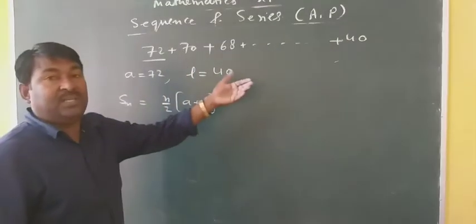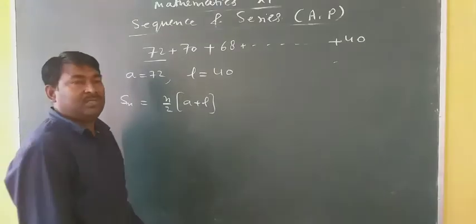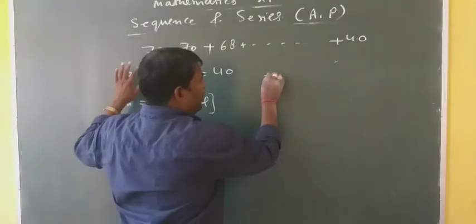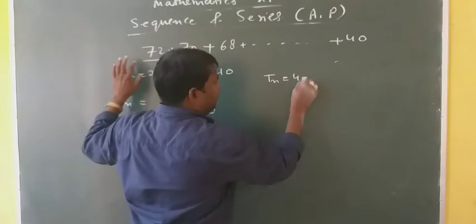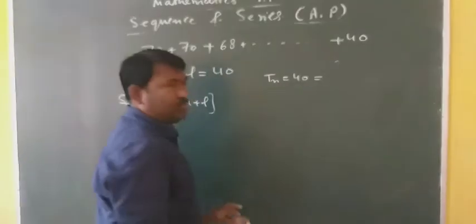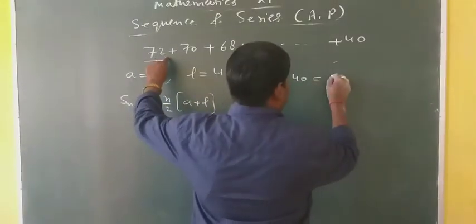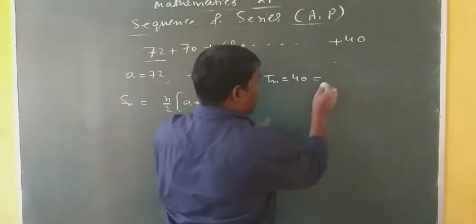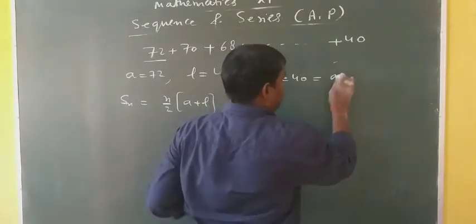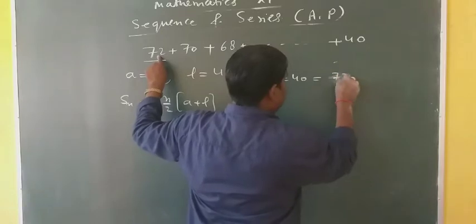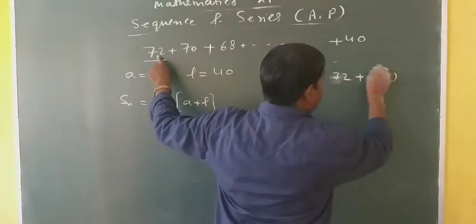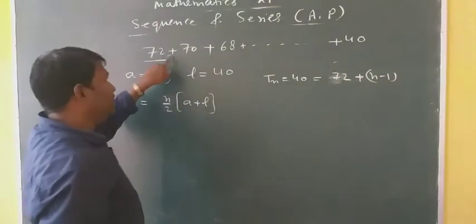So you need to find how many terms are there in the series. So let there be n terms, where Tn is 40. Okay, so this 40 is equal to what? Tn is a plus (n minus 1) into d. What is a? a is 72 plus (n minus 1) into d. What is d? d is minus 2.